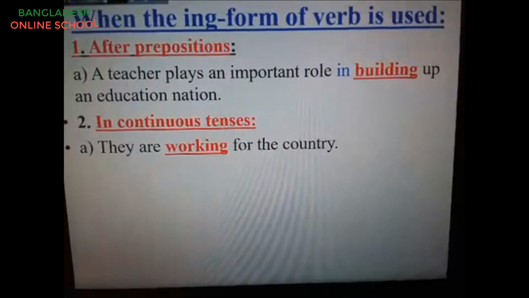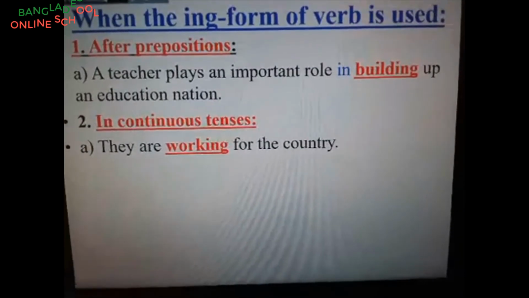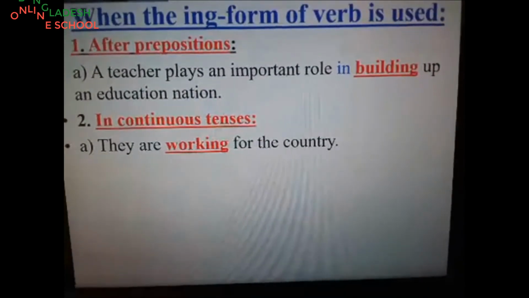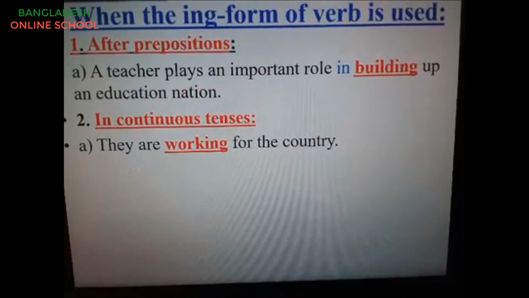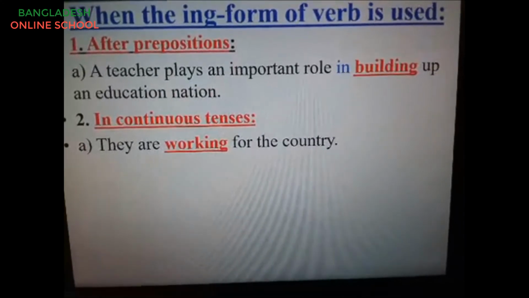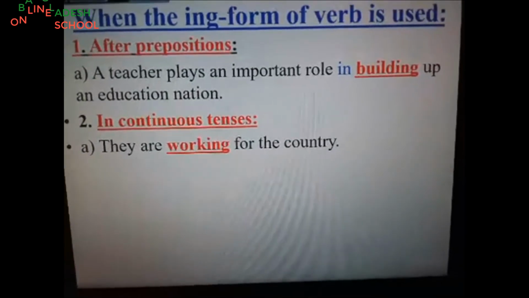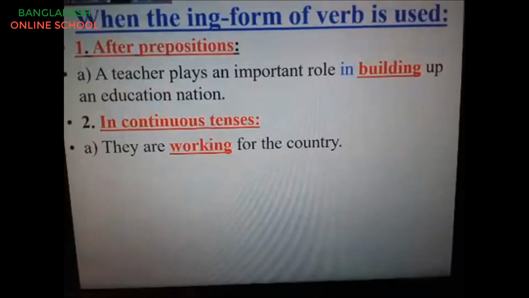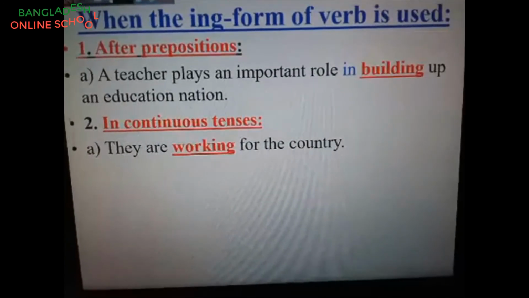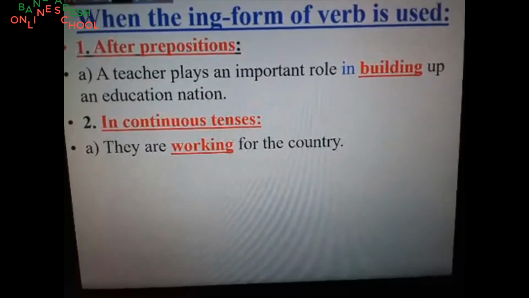In the previous class you learned that after be verb, that means are, past participle forms are used, but in that case are was used in passive expression, but here are is used in active expression.